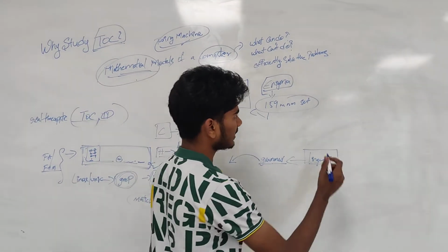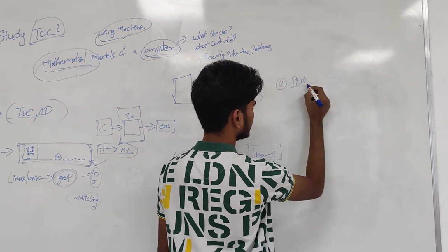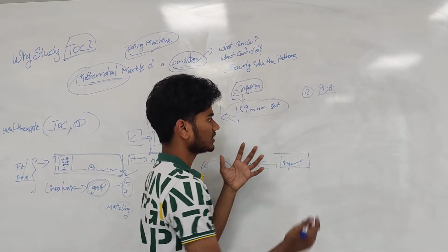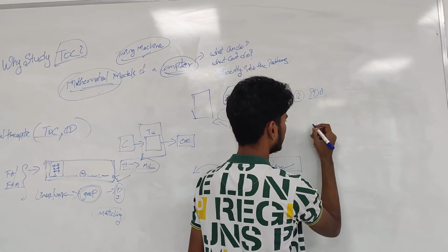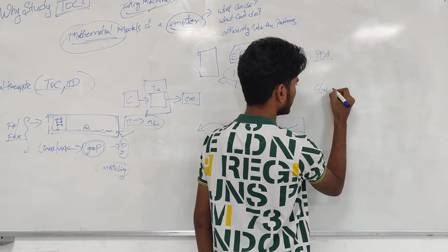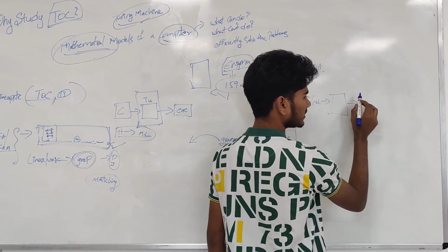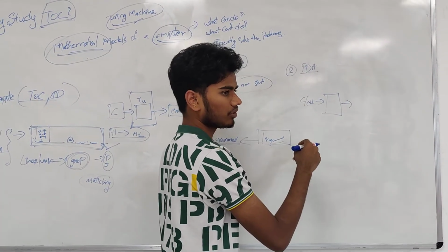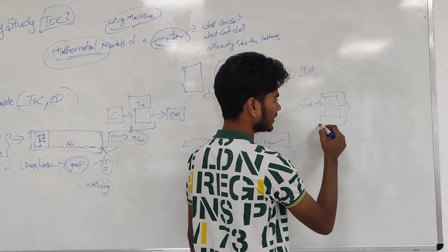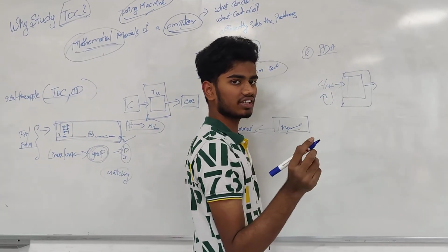Now let's see another mathematical model called PDA. PDA is the complex model, because now if we write any program in C or C++, and pass it to our compiler, and the syntax is correct, then only it compiles the program, otherwise it doesn't compile the program. So how does our compiler check whether the syntax is correct or wrong?